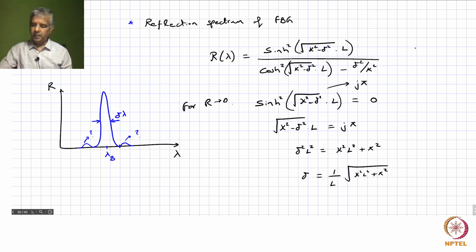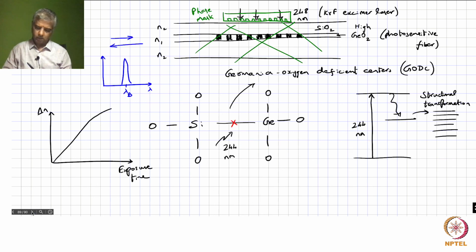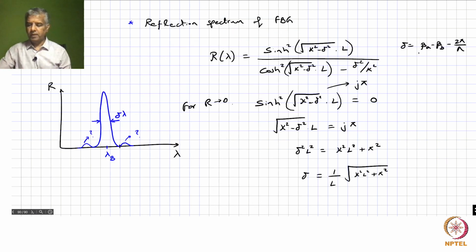Well, delta we said previously corresponds to beta a minus beta b minus 2 pi over capital lambda. So that's what we define delta as over here in this coupled mode theory. For the case of fiber Bragg grating, beta b corresponds to the reflected wave. So that is going to have minus beta b equal to minus beta a, and beta a corresponds to the propagation constant of the mode in the core of the fiber.